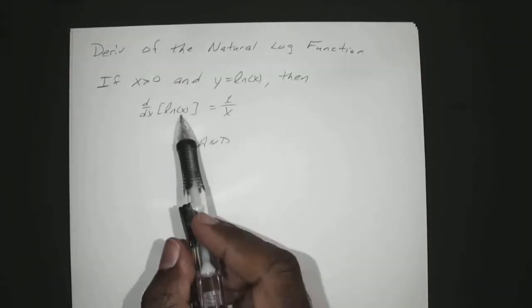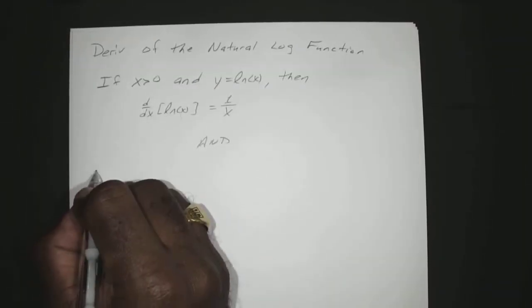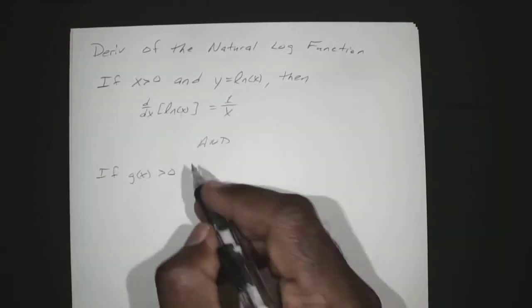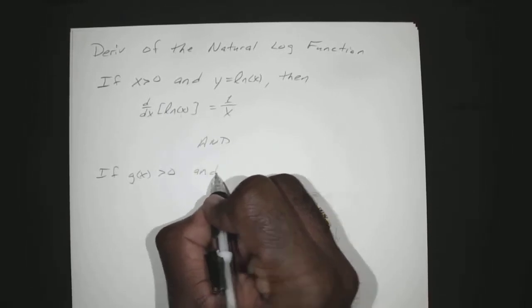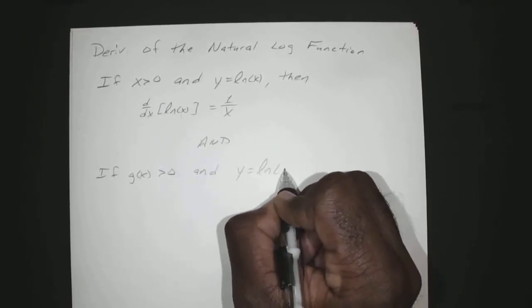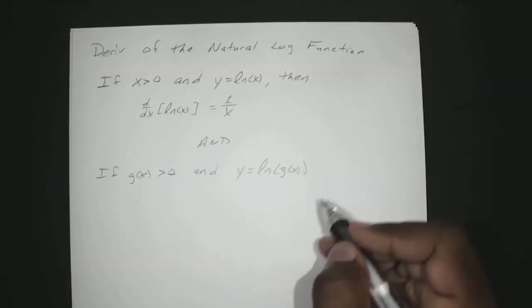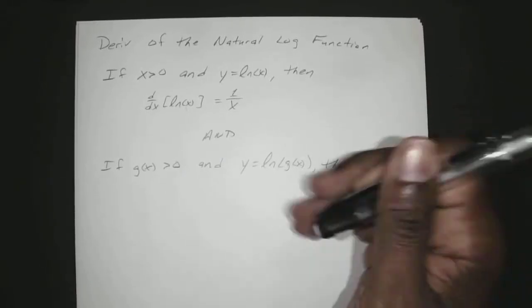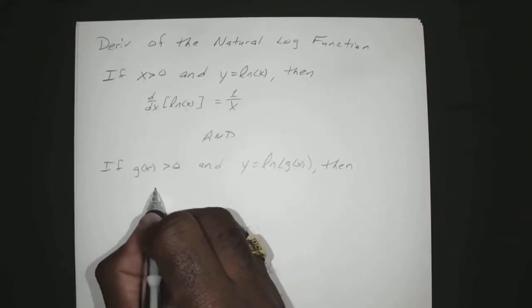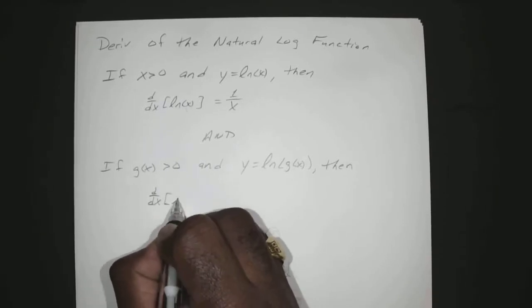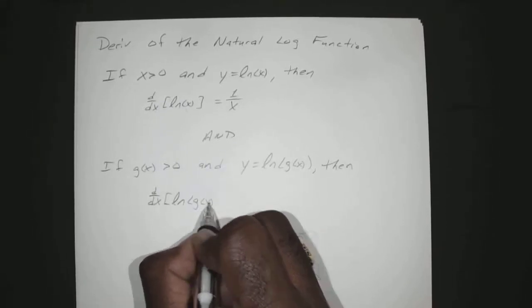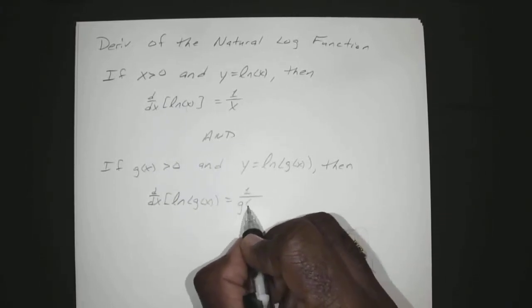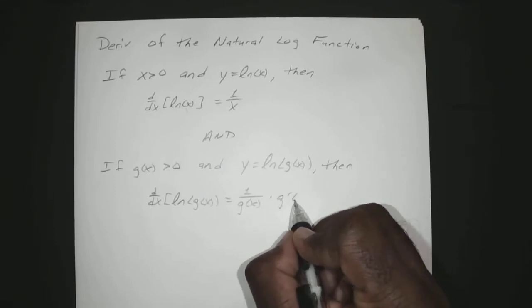Okay. And if you also had, instead of an x, if you had a function of x in there, let's say if some g of x is greater than 0 and y equals some natural log of g of x. Then the derivative of the natural log of g of x is equal to 1 over g of x times g prime of x.